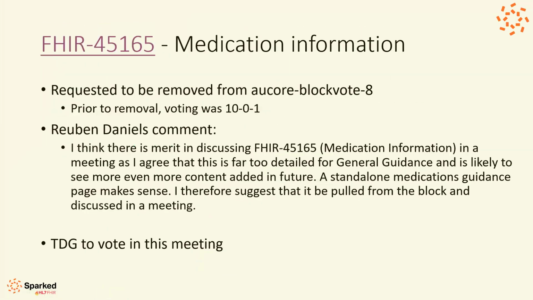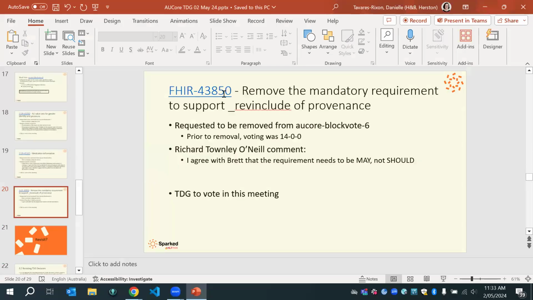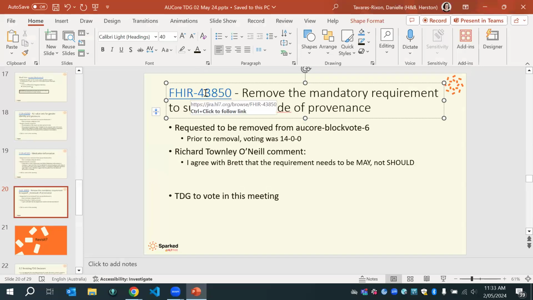Let's just, because we've got that flow going, do the refer to telecom item that you'd raised, which is 43850, which is removing the mandatory requirement to support rev include of provenance.